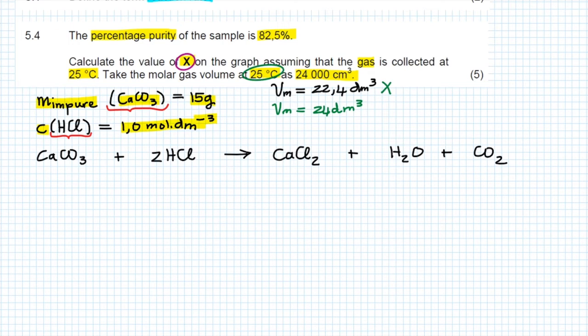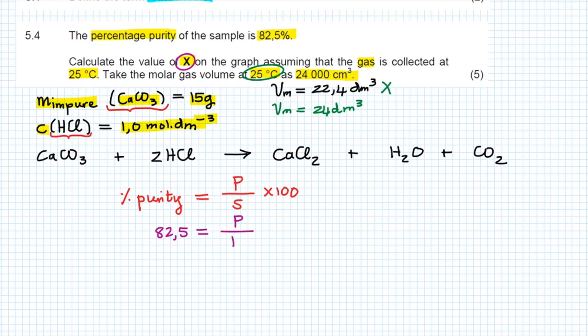So number one, we're going to start off by determining the amount of pure calcium carbonate in this impure sample. We say percentage purity is going to equal the amount of pure substance over the sample multiplied by 100. So in this case, the percentage purity has been given to us as 82.5. We would like to determine the amount of pure substance in the sample.